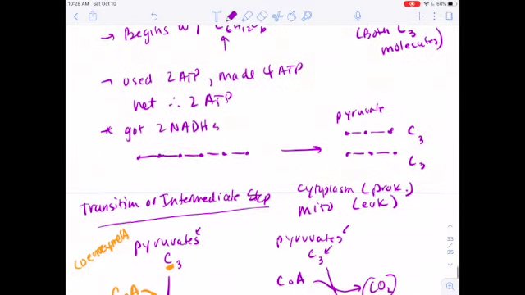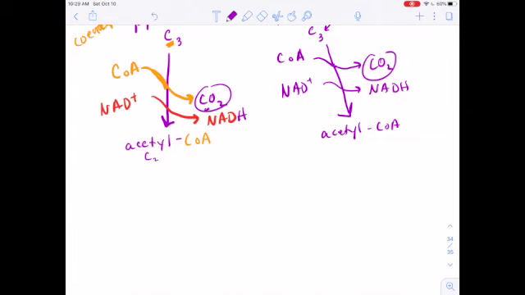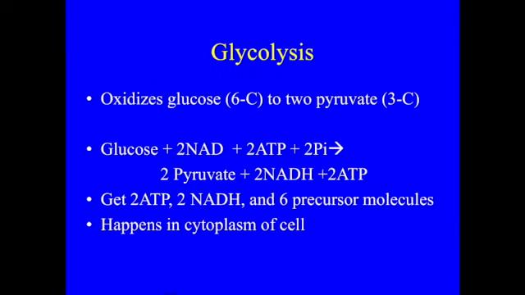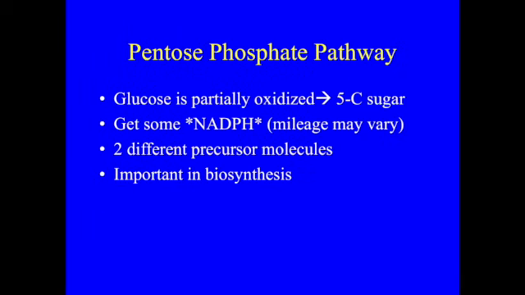Okie doke. So what is next is that the acetyl-CoA is the molecule that enters the citric acid cycle. So let's take a look at that graphic. Glycolysis, talked about that. Yep, happens in the cytoplasm. We get 6 precursor molecules. I'm not going to ask you which ones they are. Just be aware that there are precursor molecules all along the way here. Okay, pentose phosphate pathway.